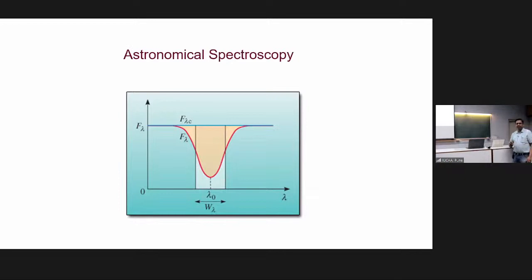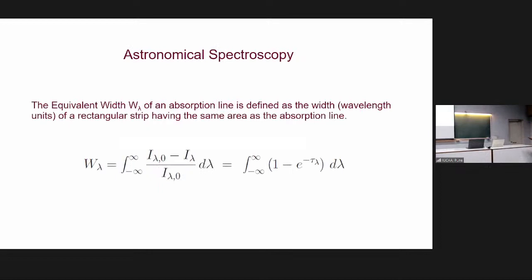So this is the definition of equivalent width. Mathematically, we can calculate it like this: the difference between the photons that are coming towards the absorbing media and which are leaving the absorbing media, divided by the original number of photons, gives you the equivalent width.